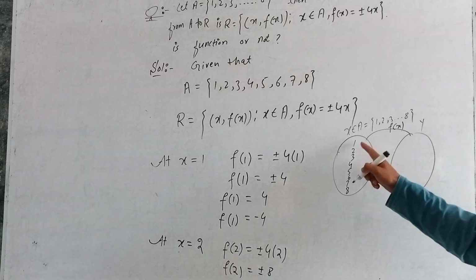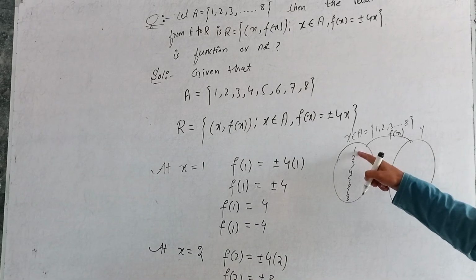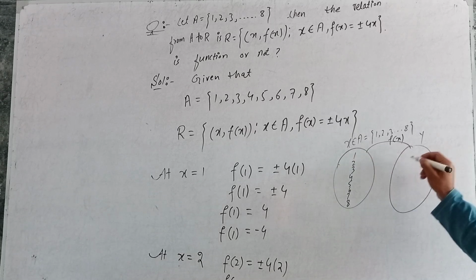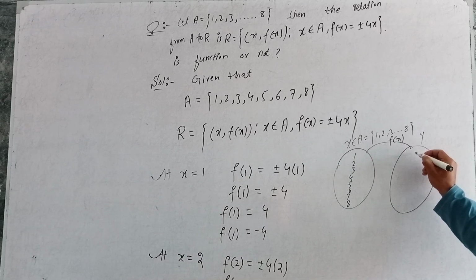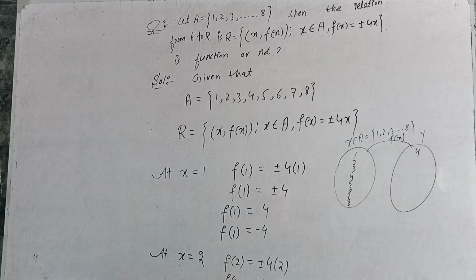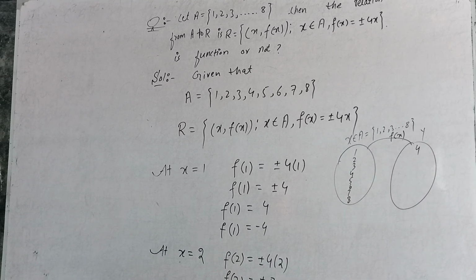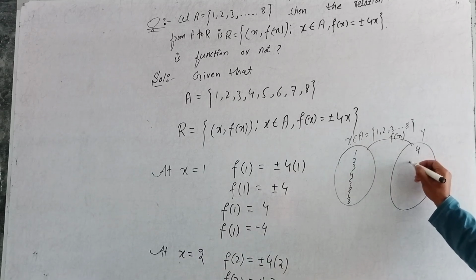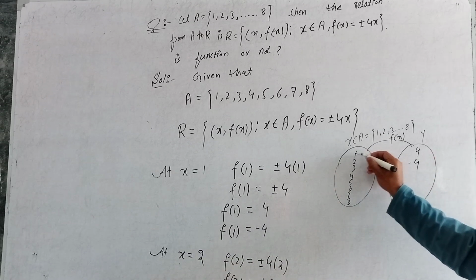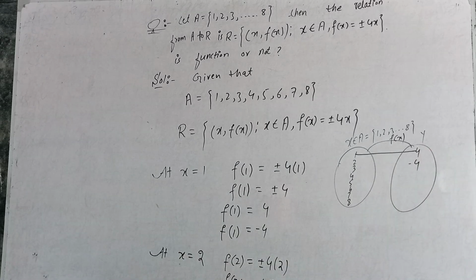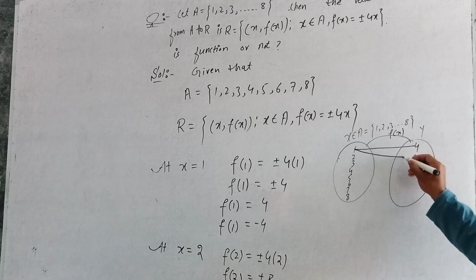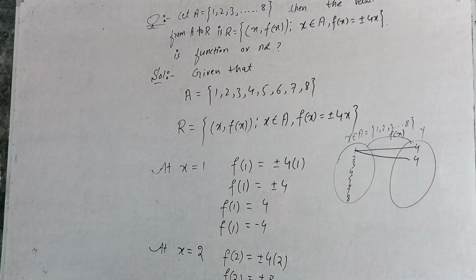At x is equal to a, there exist two values of y. That means that at x is equal to 1, f(1) equal to plus 4. Similarly, at x is equal to 1, f(1) equal to minus 4.